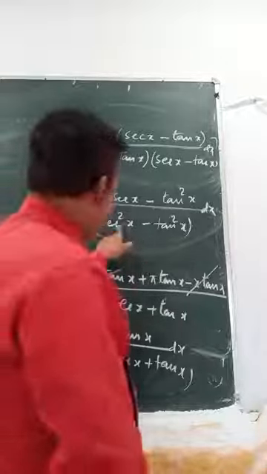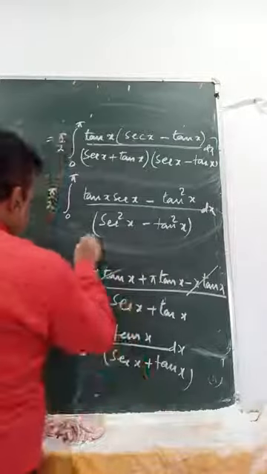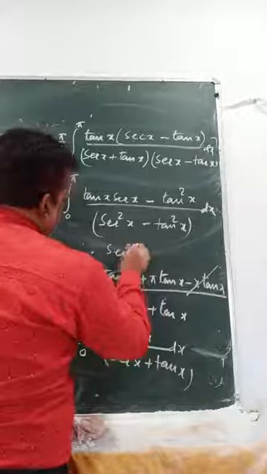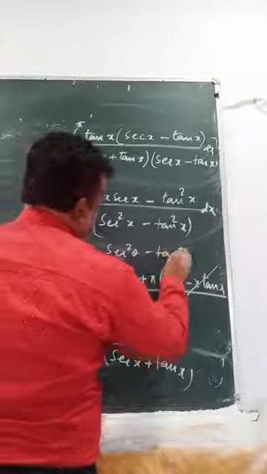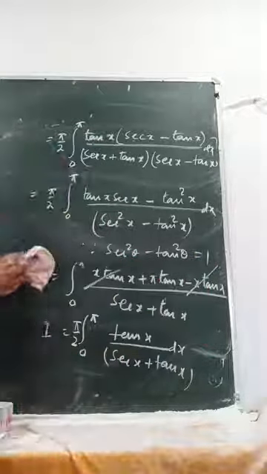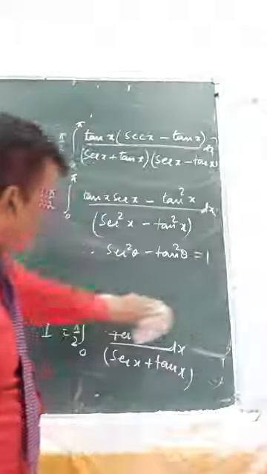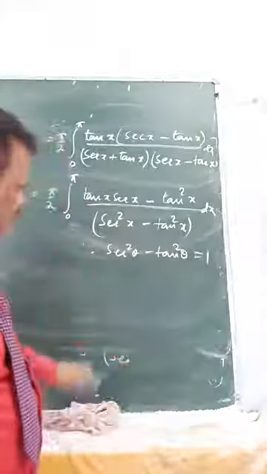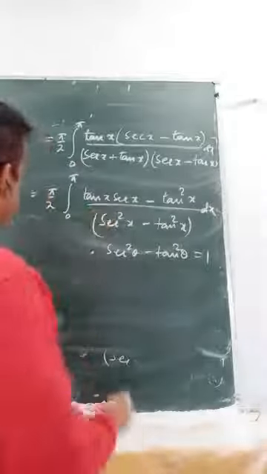What is sec square theta minus tan square theta? Go back to class 10. That is 1. That means your denominator is gone. Only numerator.